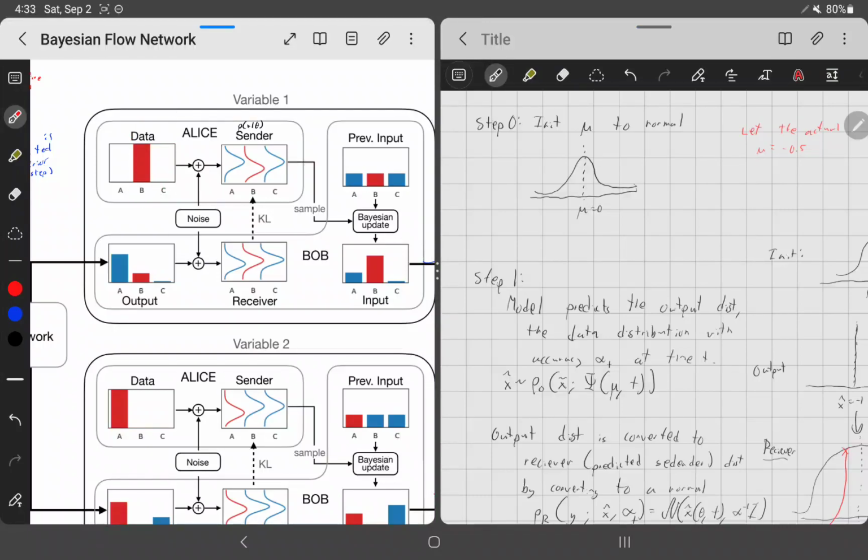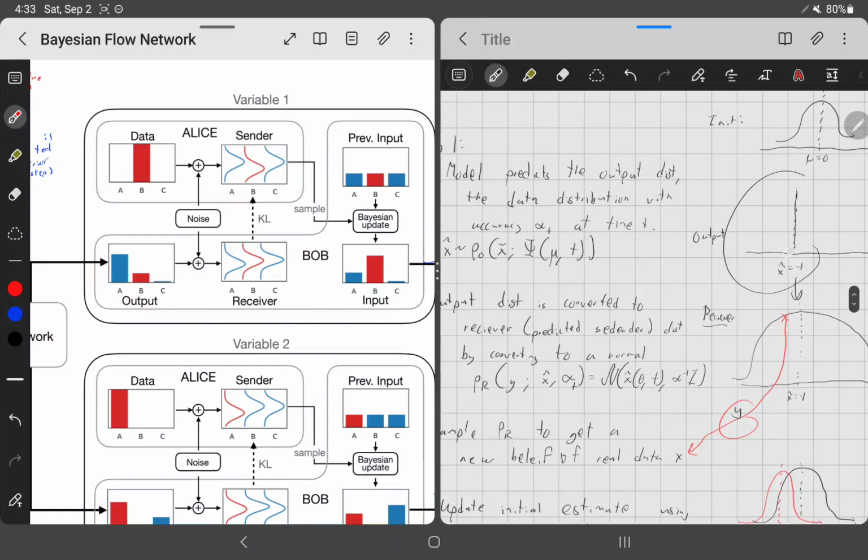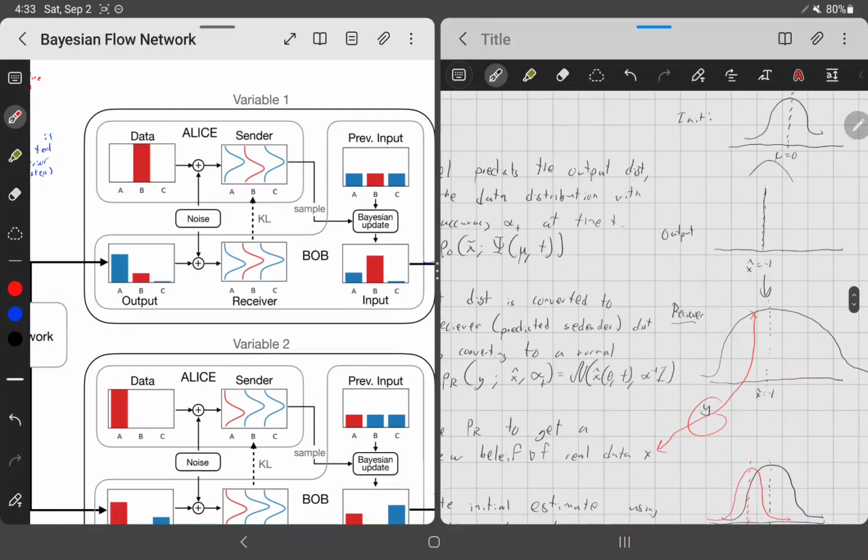So during training, they have this terrible analogy with Alice and Bob. I'm not going to use it. So during training, you have this data distribution and you have this output distribution. Now, you want the output distribution to match the data distribution. Remember, our model predicted, say, this value here.